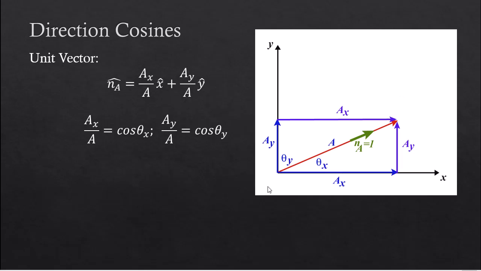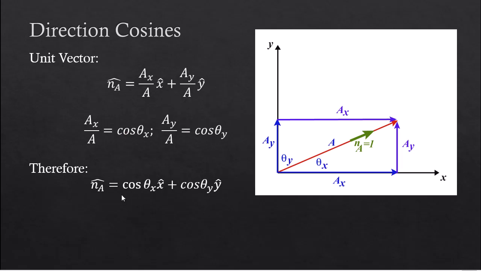From this right angle triangle, we can see that Ax divided by A is cosine of theta x, and Ay divided by A is cosine of theta y. Cosine of theta x and cosine of theta y are the direction cosines.